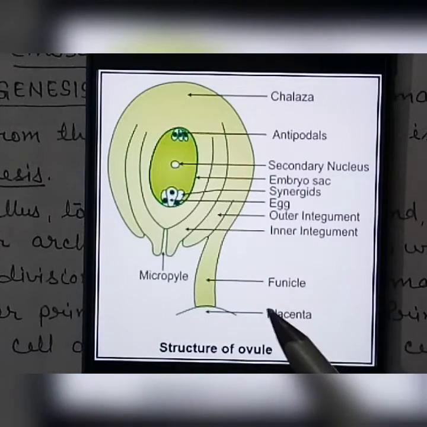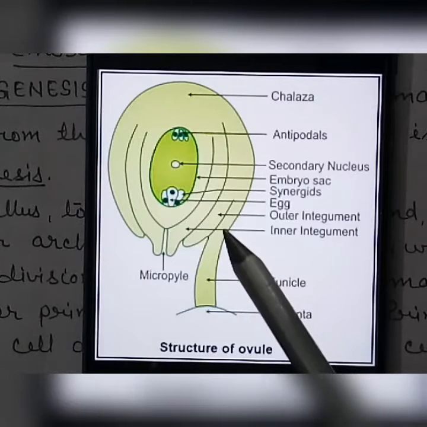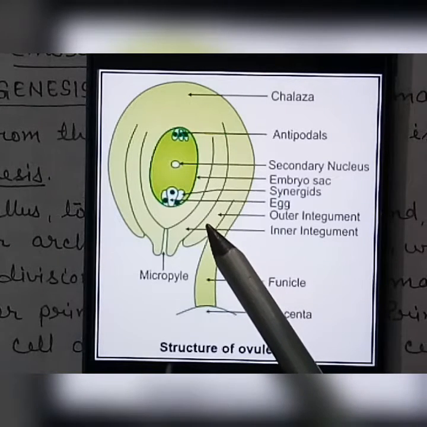The ovule is surrounded by one or two protective layers called the integuments, the outer integument and the inner integument.